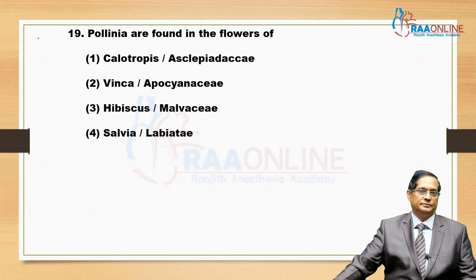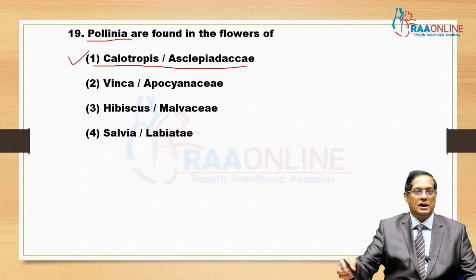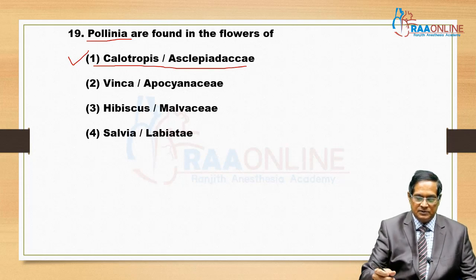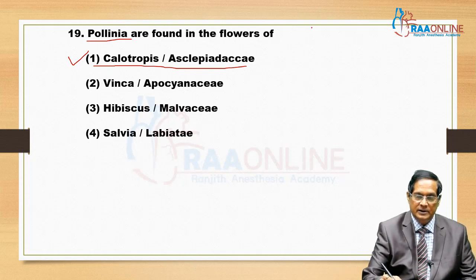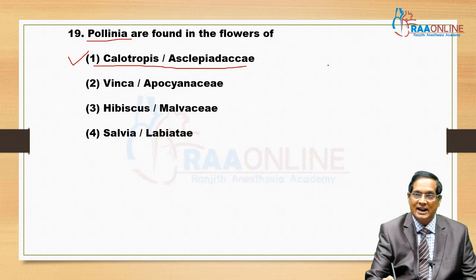Pollinia. Pollinia are found in the Calotropis plant, and these pollinia are actually sac-like structures. See this structure?